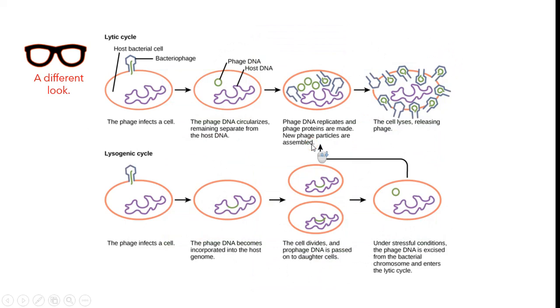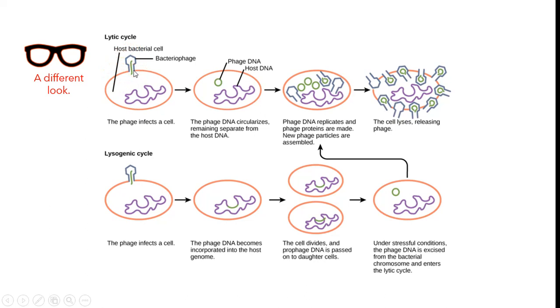Okay? So let's just look at this from another picture, going through the process one more time with the bacteriophage. So again, the host cell is down here in the orange with the purple being its genetic material. Here's the bacteriophage. So the first step is you have to attach. So here you see that it has attached to the host cell.